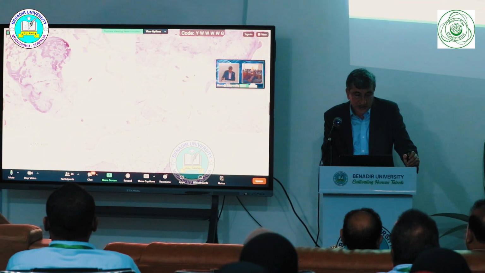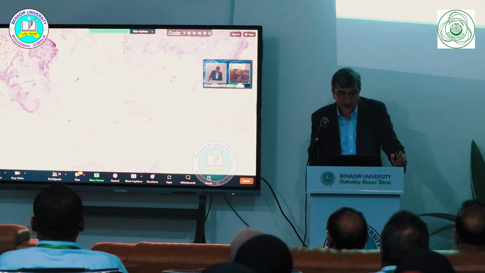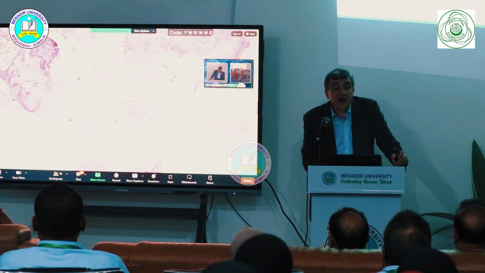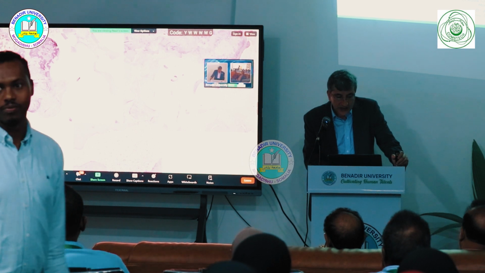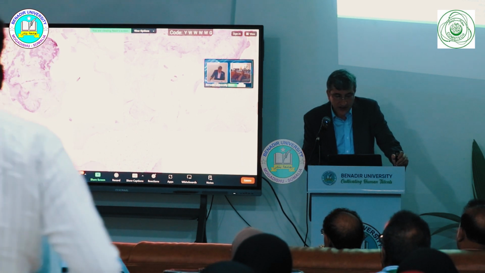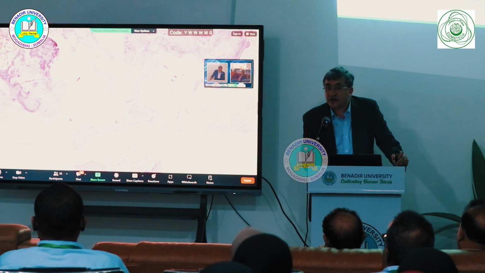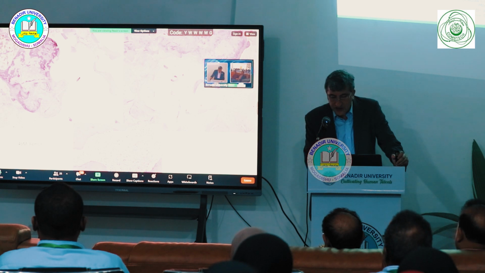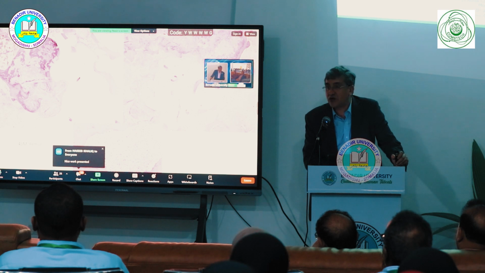So here you see chondrosarcoma, but what about this one? Enchondroma, excellent. Here you see enchondroma, the boundaries are sharply demarcated from the adjacent bone, but in other parts, it is encasing the pre-existing bone. It is moderately cellular.